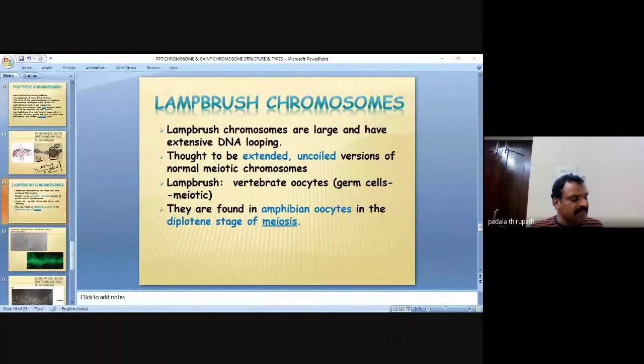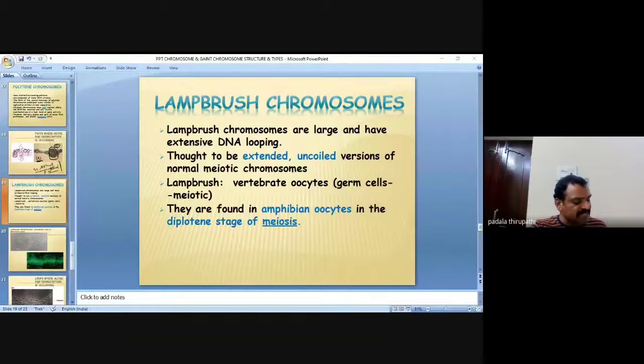And my dear friends, these lampbrush chromosomes are also in haploid condition. Why? Because these chromosomes are observed in oocytes, or reproductive cells. After meiosis, the diploid state always forms haploid conditions. So these lampbrush chromosomes are also haploid.